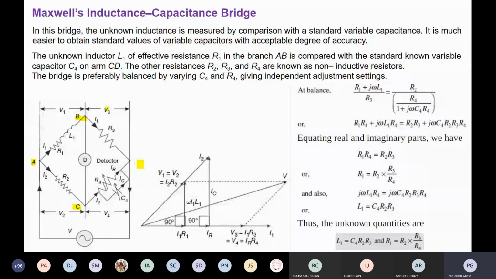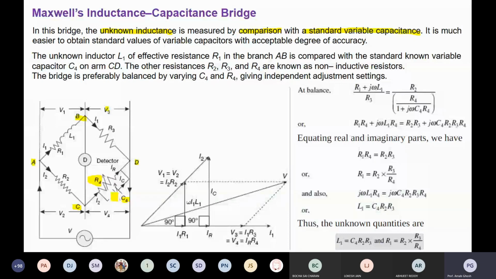So in this bridge, what happened? The unknown inductance is measured by comparison with a standard variable capacitance. That means you connect one capacitance in parallel with one standard resistance, that is your R4. Both R4 and C4 can be varied.